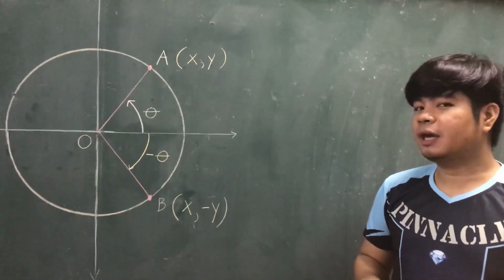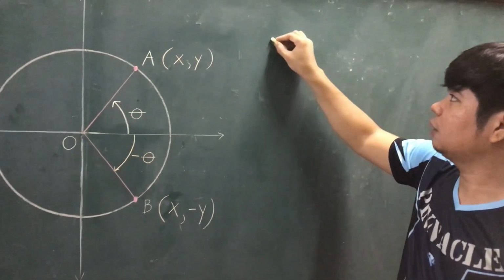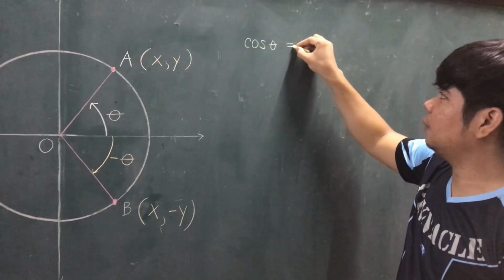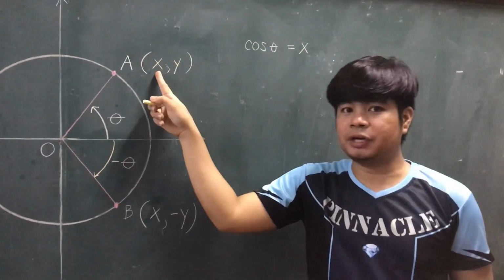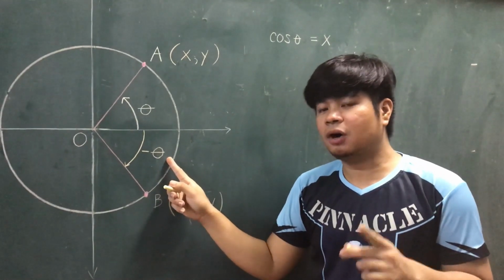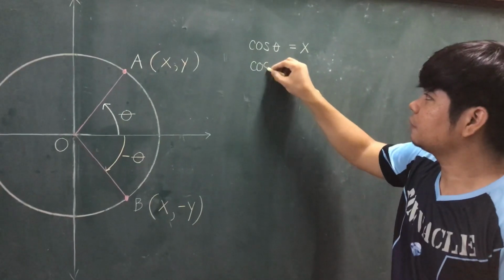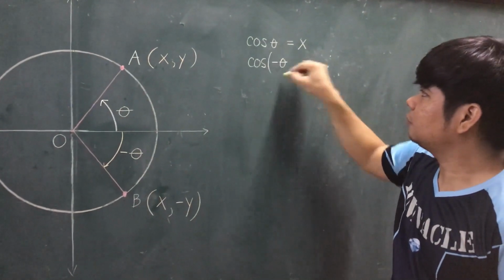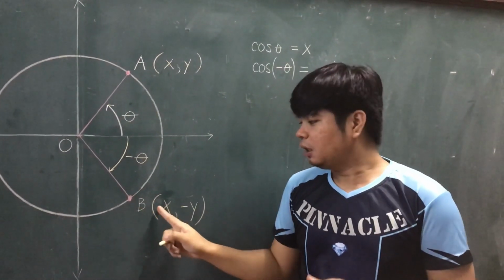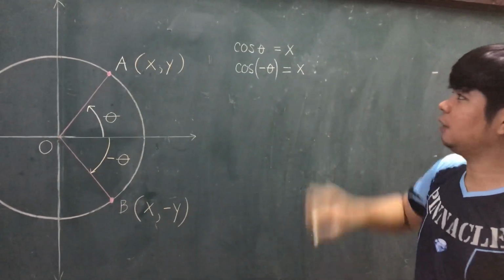So if we try to get the cosine and sine of this theta, we know already that cosine theta is equal to x, the x coordinate. But if we get cosine of this negative theta, it can also provide us the same, because they are reflections of each other. This is also x. So we have cosine negative theta is equal to x.